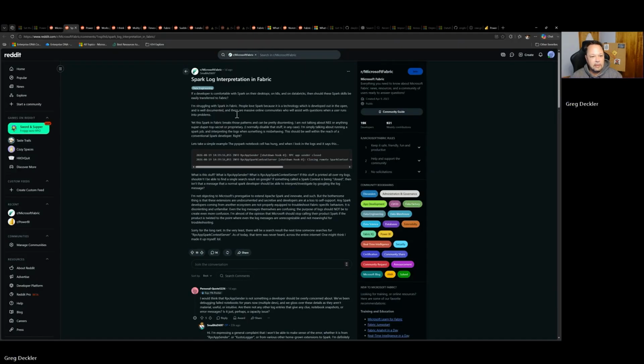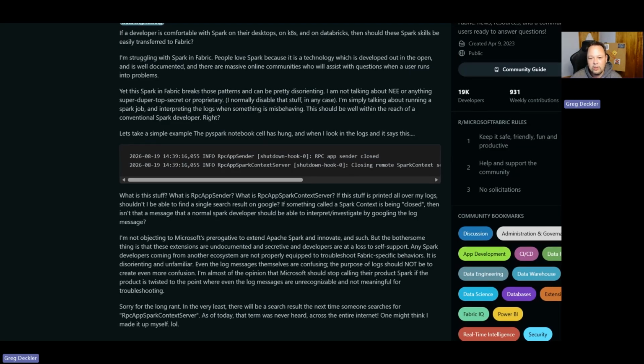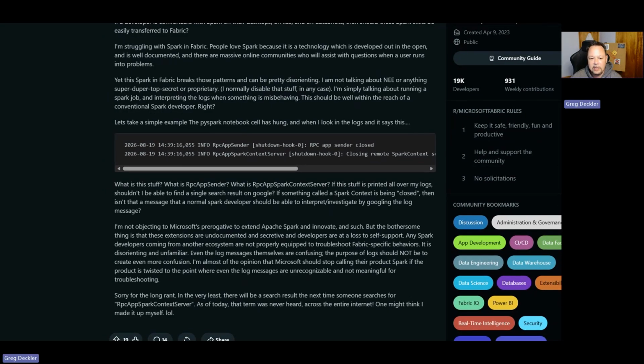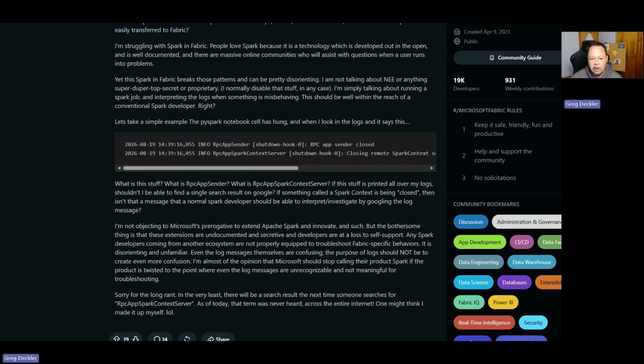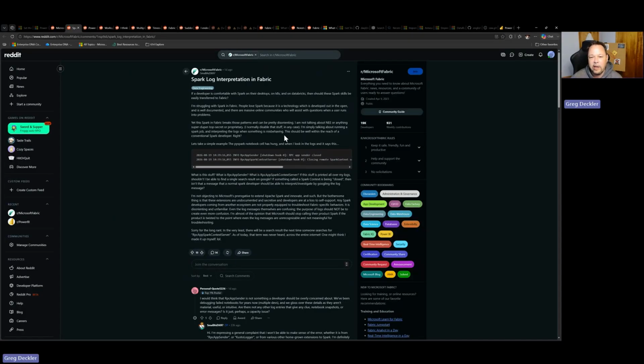Fun stuff. All right, Spark log interpretation in Fabric. This one's interesting. Basically, he's complaining that he gets these stupid errors that are meaningless. He's an experienced Spark person, used to going into the logs to figure out why a Spark job failed or what happened during a Spark job. But his Spark jobs are failing, and all he gets back are things like RPC app sender closed, blah, blah, blah, RPC app Spark context server closing. If you go through the thread, you basically can't troubleshoot what the hell happened.